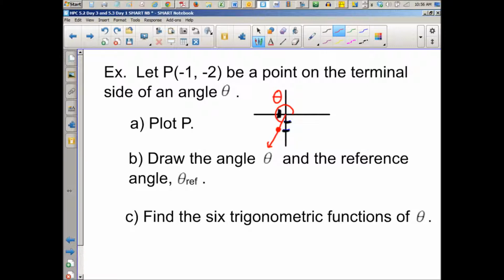And then you have to draw the reference angle and label it theta ref. That's this little guy in green. The reference angle is the angle between the terminal ray and the nearest x-axis. In this case, that'd be the left side of the x-axis. Okay, so we did A and B.